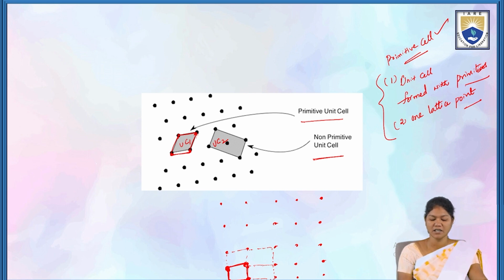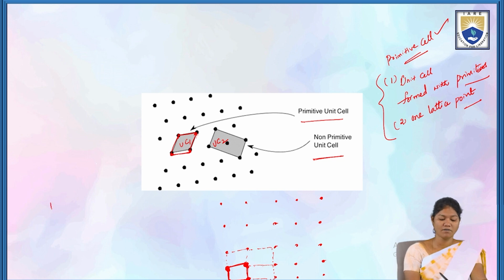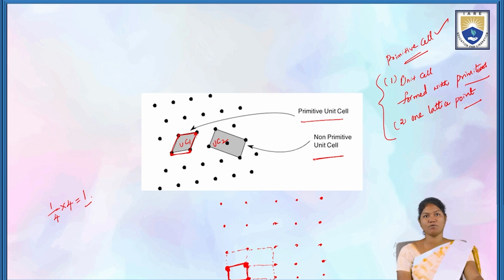So like that, each corner lattice point can be shared with other unit cells, so that at each corner there is a shared lattice point, that is 1/4 atom or 1/4 lattice point in this unit cell. So 1/4 of an atom into 4 corners is equal to 1. So only one lattice point we are getting here.